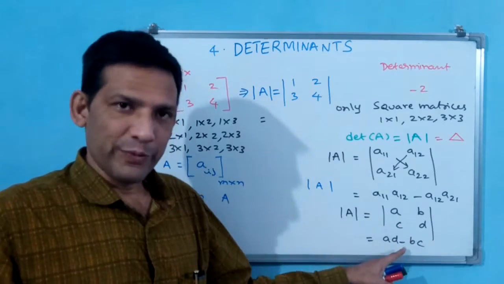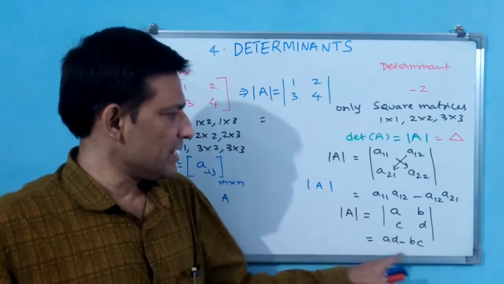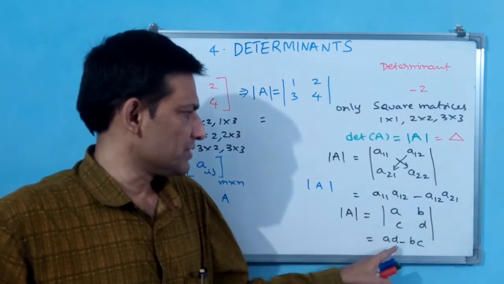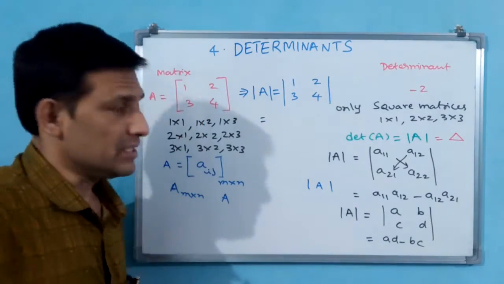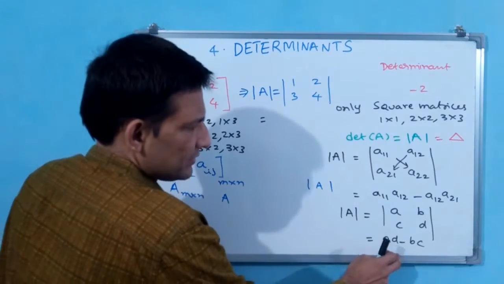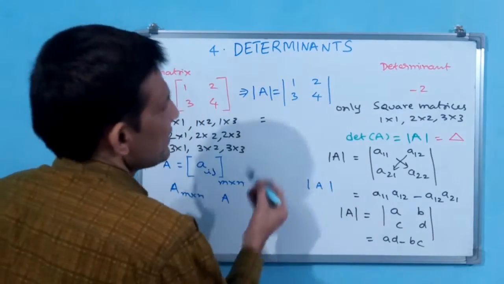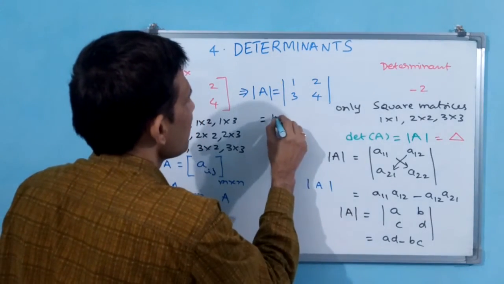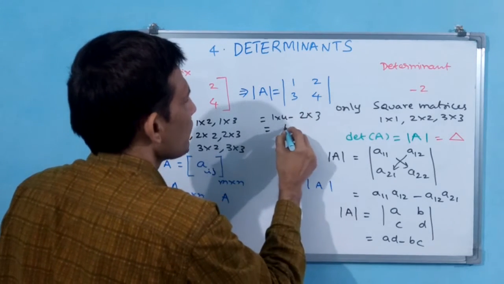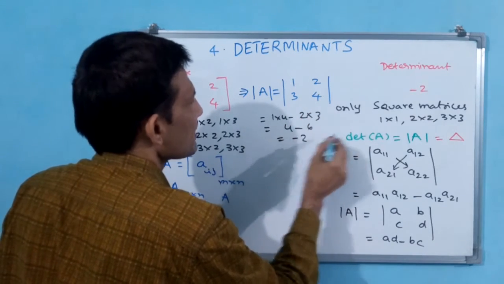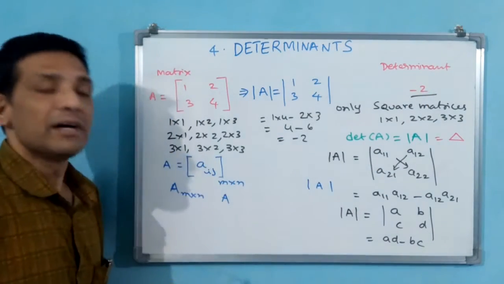If you write A, B, C, D, then AD minus BC. If you follow this, what will come here? AD, 1 into 4, minus BC, 2 into 3, that is equal to 4 minus 6, that is equal to minus 2.